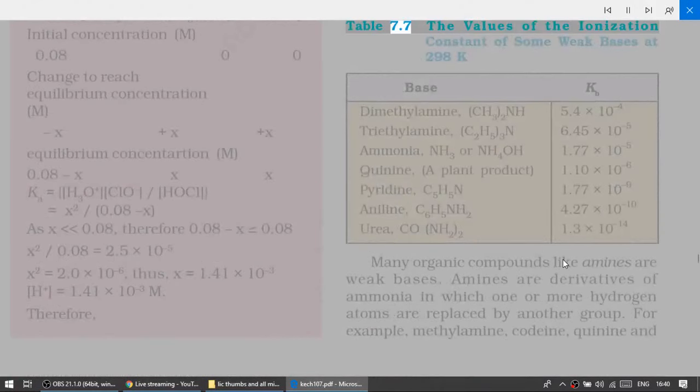Table 7.7 The values of the ionization constant of some weak bases at 298 K. Base, Kb: dimethylamine, (CH3)2NH, 5.4 × 10⁻⁴; triethylamine, (C2H5)3N, 6.45 × 10⁻⁵; ammonia, NH3 or NH4OH, 1.77 × 10⁻⁵; quinine, a plant product, 1.10 × 10⁻⁶; pyridine, C5H5N, 1.77 × 10⁻⁹; aniline, C6H5NH2, 4.27 × 10⁻¹⁰; urea, CO(NH2)2, 1.3 × 10⁻¹⁴.